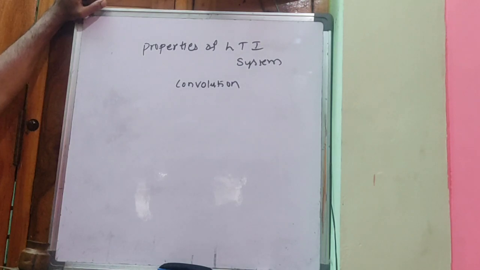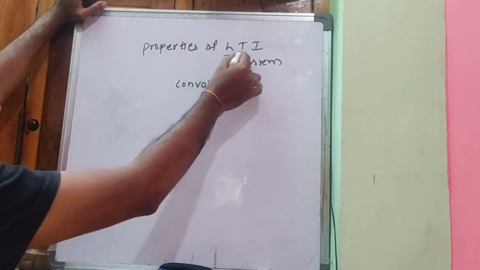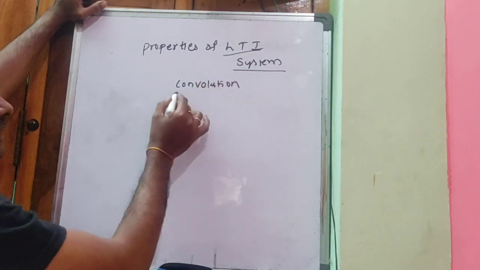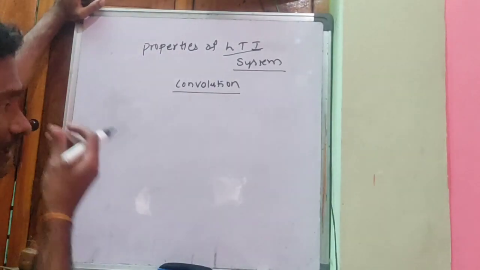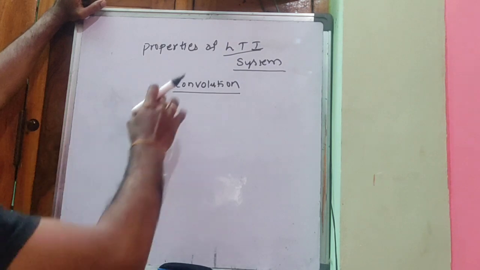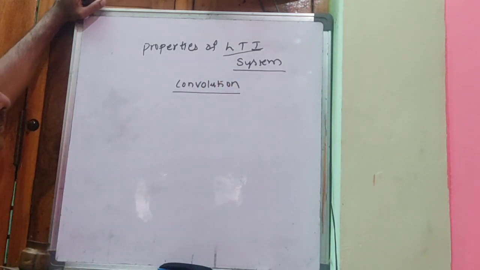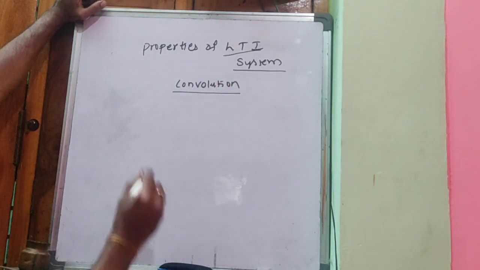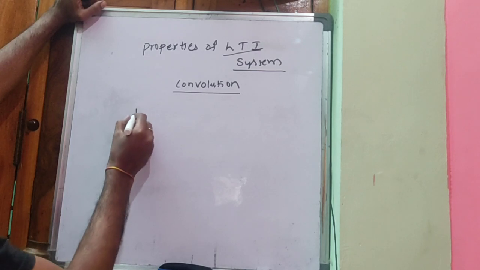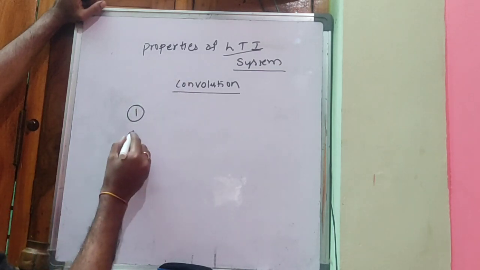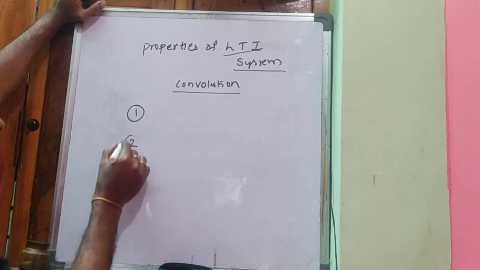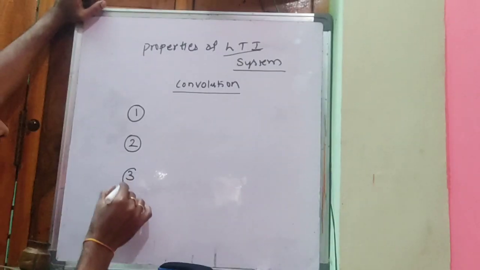Why? Because the LTI system's output is entirely a mathematical operation called convolution. That's why the properties play a very important role. There are three properties that we need to know about linear time invariant systems.